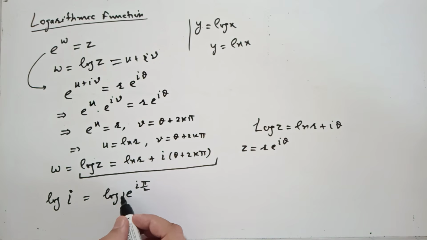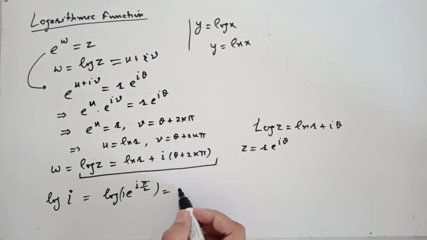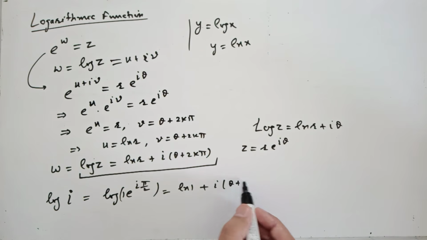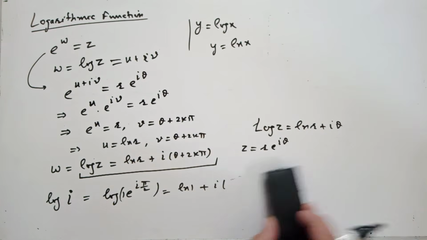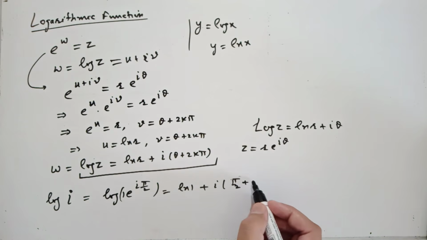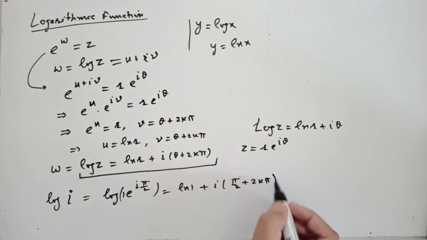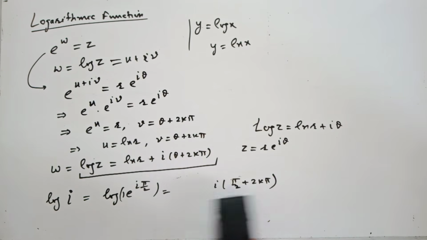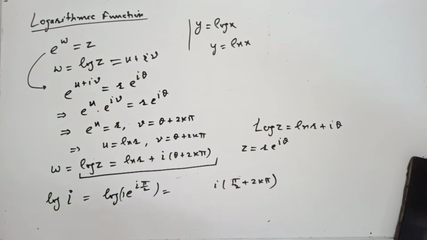So what is r here? 1. Theta is pi by 2. So according to this formula, ln 1, that is 0, plus iota theta, and theta is pi by 2, so you need to put pi by 2 here. ln 1 is 0, you can remove it. So this is the value of log iota.